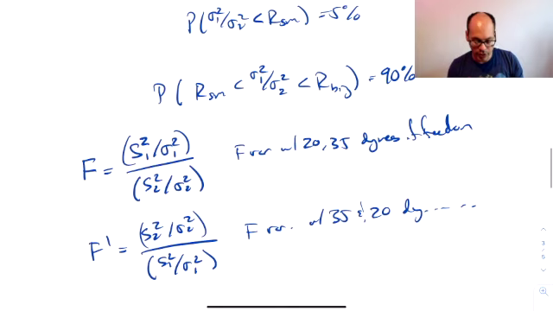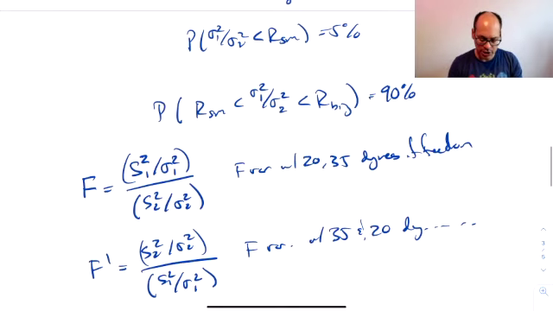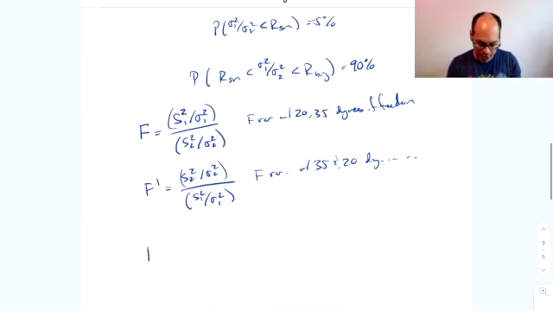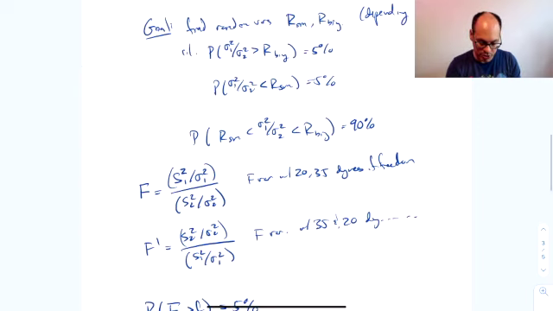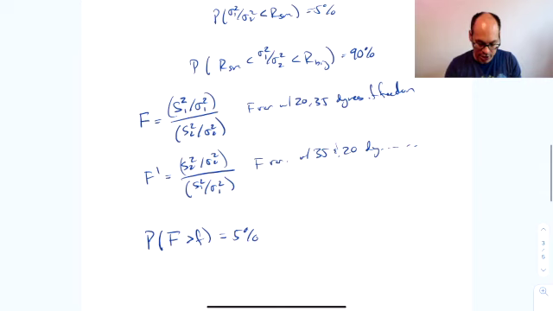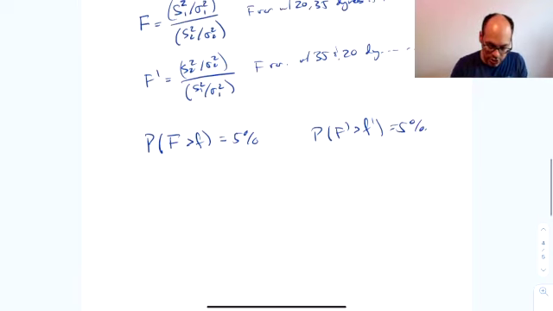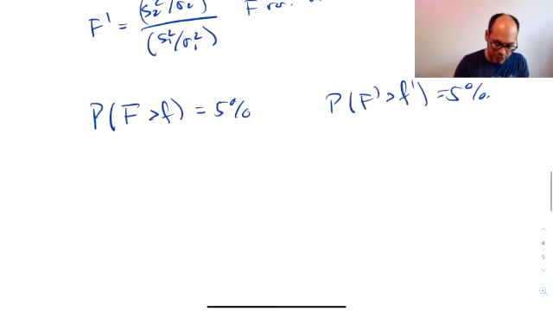Okay, so what do we know? Well, by definition of these numbers that we just brought up, f and f prime, we know that the probability that the random variable F is at least little f is 5%. That's because of this 0.05. And similarly, the probability that F prime is at least little f prime is also 5%. Let's take these things that we have by definition and manipulate them a bit.